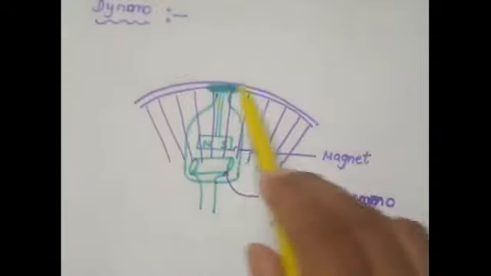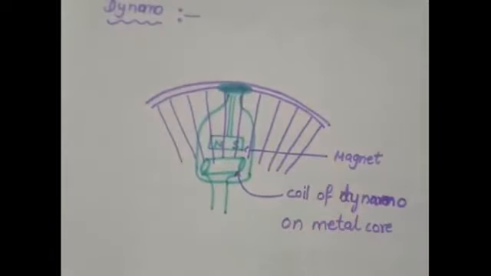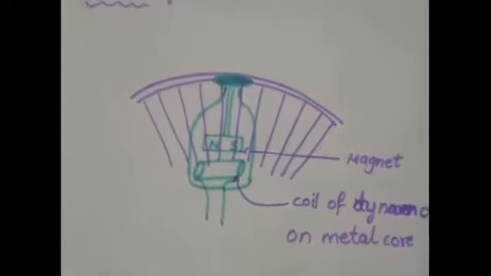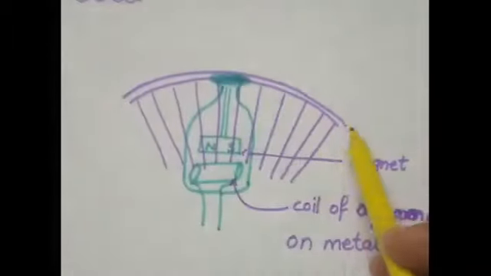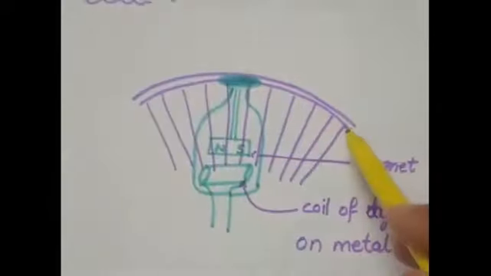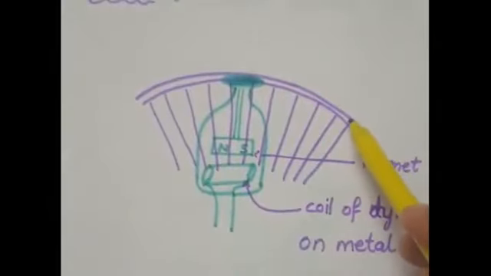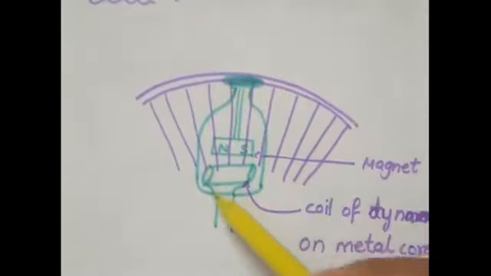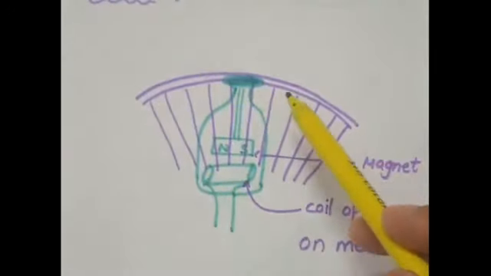This is the tire of the bicycle; here only a small portion of the tire I have made. This is the periphery of the tire, and this one is the dynamo which is connected to the bicycle.